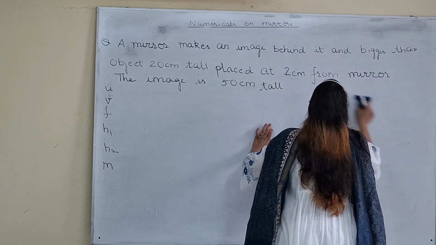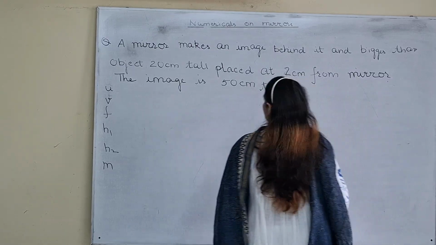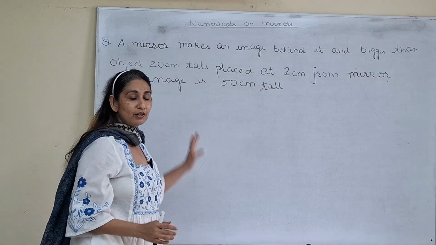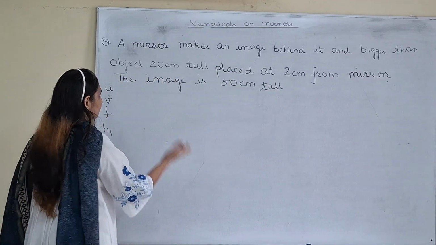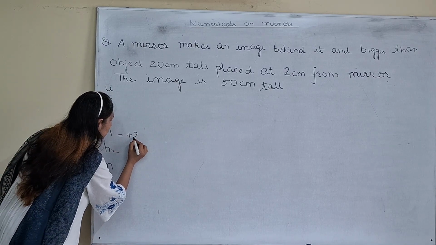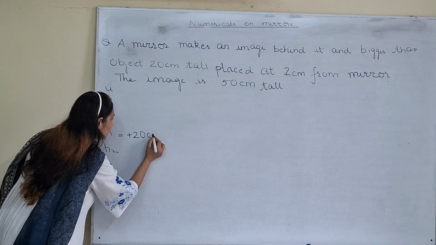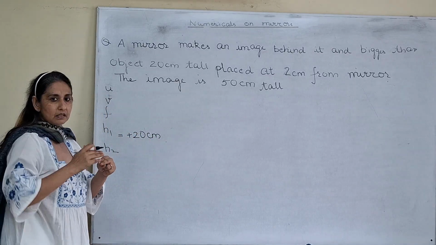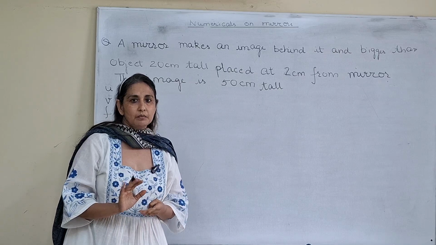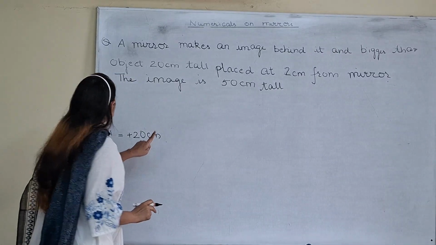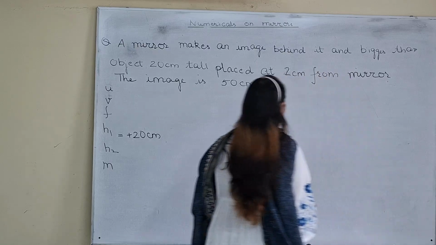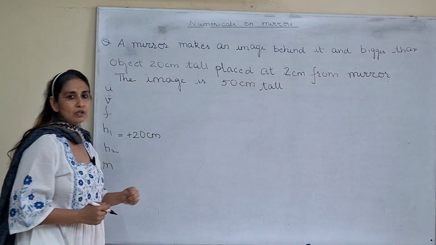Okay, let's start drawing the diagram. Object 20 centimeter tall. My God, 20 centimeter tall object. That means what? H1 is plus. H1 हमेशा पॉजिटिव होता है, उसकी हाइट सीधा ही खड़ा होता है हमेशा. So H1 is always positive. Okay, 20 centimeter high, tall, placed at 2 centimeter from the mirror. So what is this 2?